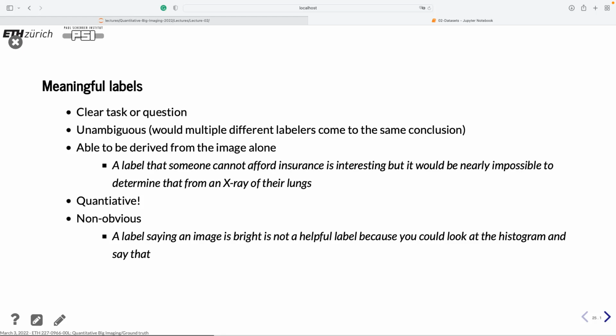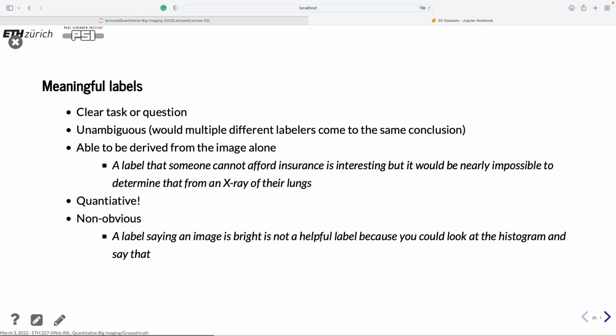Or else you have a case where maybe 4 people usually get this disease. That would maybe be a connection, but it's really a bad one. It's not really working. Very important, it must be quantitative in some sense. You should be able to count or tell something from the image. And it shouldn't be too obvious.